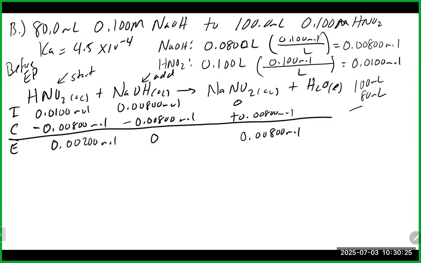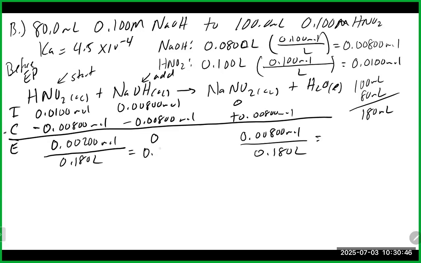We added 80 milliliters of our base to it. That's 180 milliliters total volume. Converted to liters, 0.18 liters and 0.18 liters. Going to give us the molarity of what's left over, and we will end up with 0.0111. And on the other side there, 0.0444.